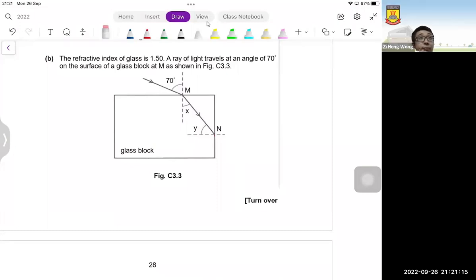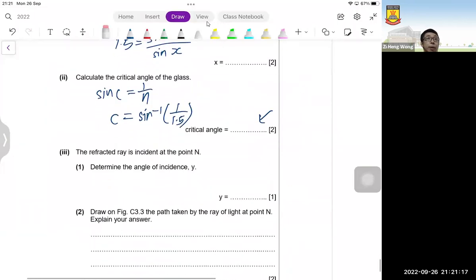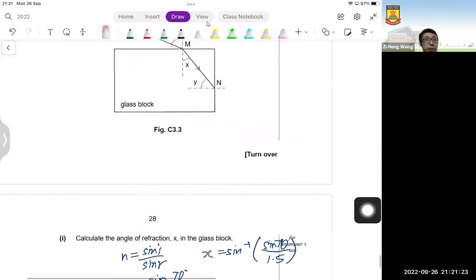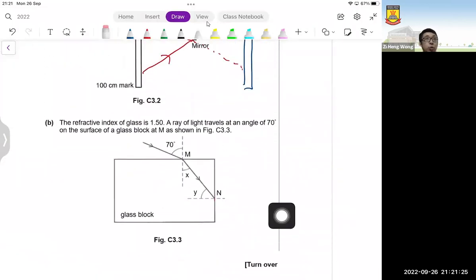Okay, but before that, just a quick one. Here they say draw the path taken. This is where you don't know the exact meaning. Even if you're going to exit, you don't know what the angle is unless you can calculate, because they ask you to draw. It need not be to scale, but the key thing is you need to show that if it's bending away, the light must really be bending away.